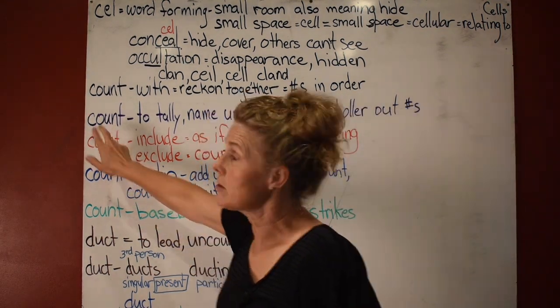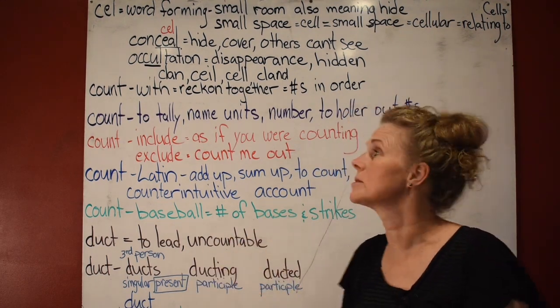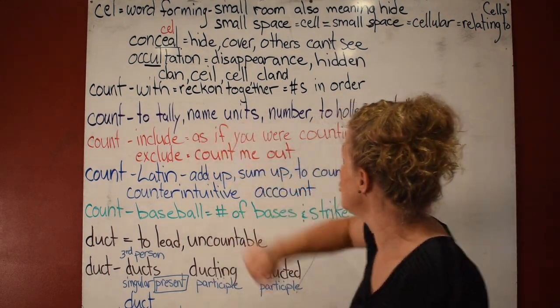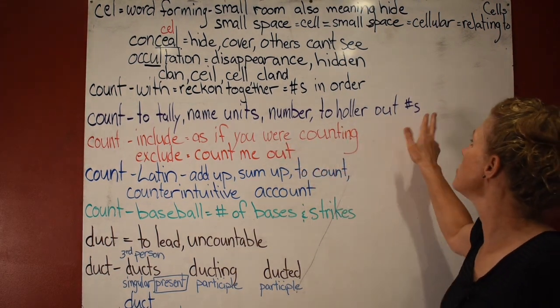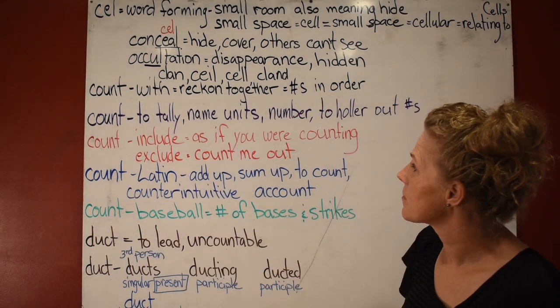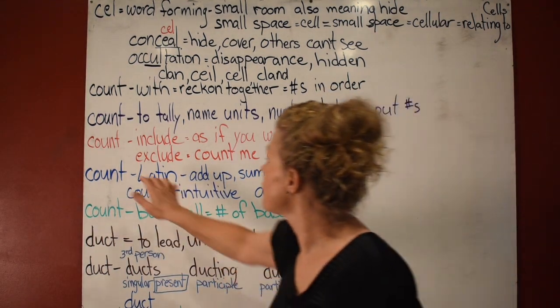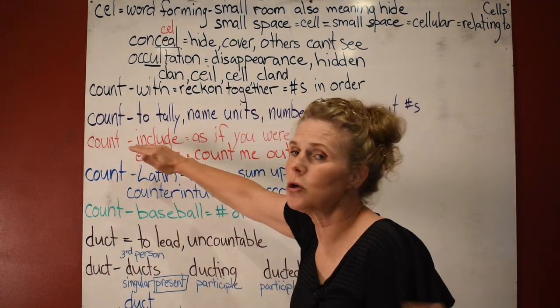Also, count can also mean to tally. To count up, you use your tally marks. Naming units means to number things, to holler out with numbers. You're hollering that out. Also, which is kind of fun, count right here means include.